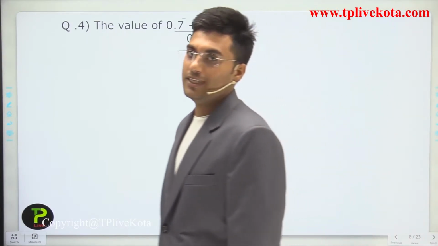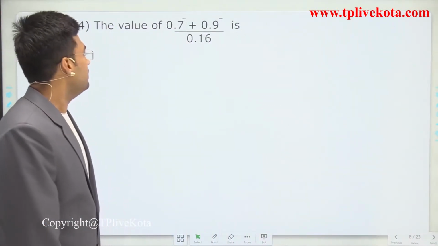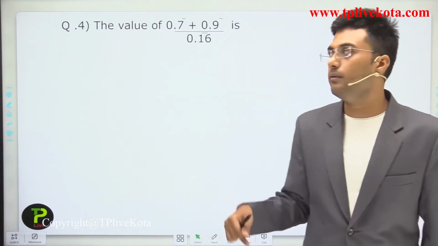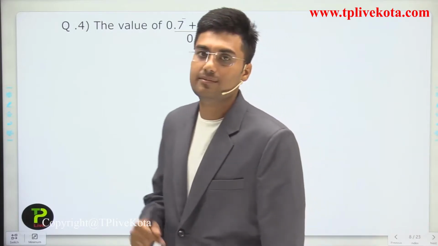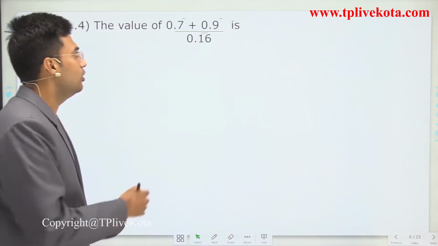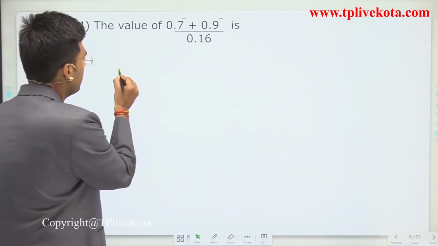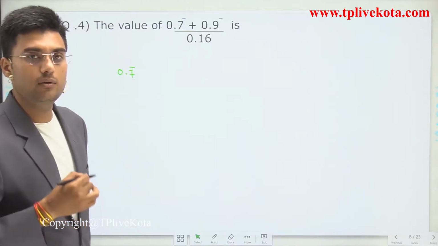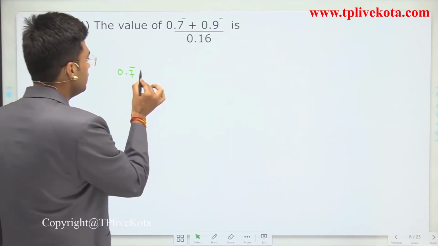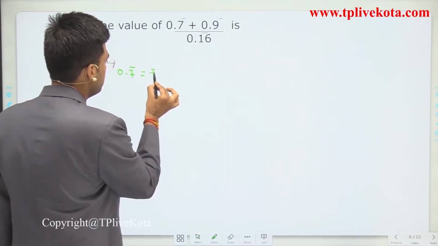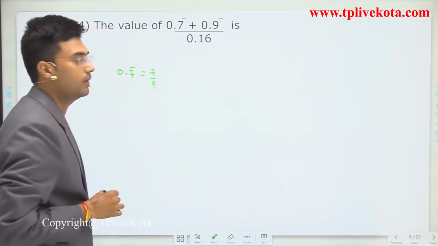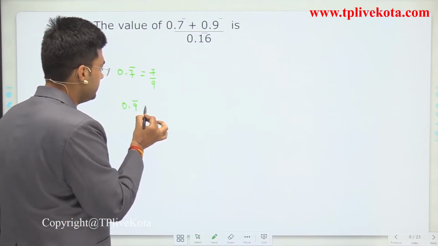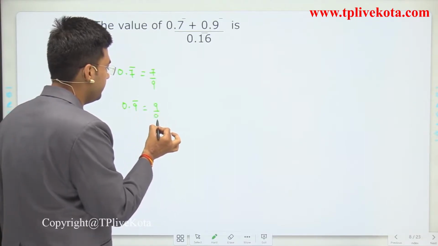The next question is 0.7 bar plus 0.9 bar divided by 0.16 bar. Okay, let's solve this. To solve this, first of all, convert all these recurring decimals into fractional form. The value of 0.7 bar is equal to 7 by 9, and the value of 0.9 bar is equal to 9 by 9.